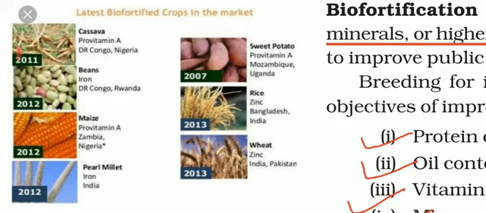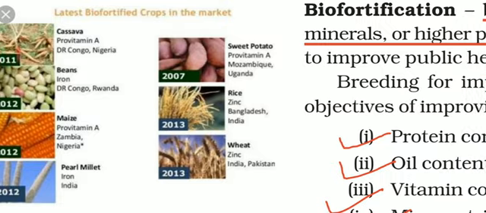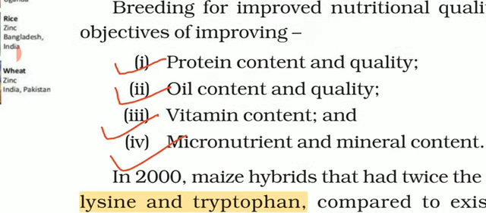Next, sweet potato, rich in provitamin A. Rice, rich in zinc. Wheat, rich in zinc. You can also see the names of the countries written, meaning where these biofortified crops are being made.